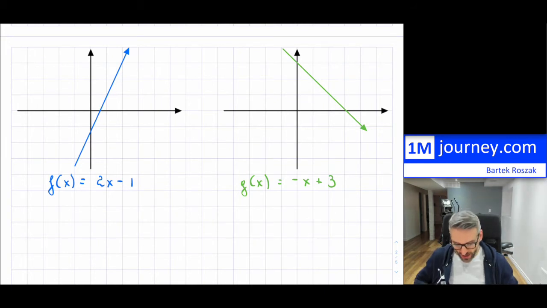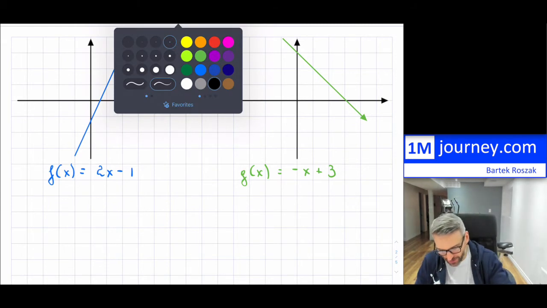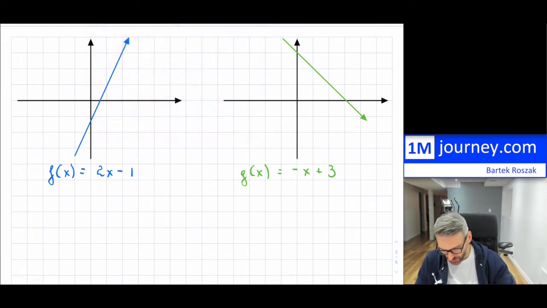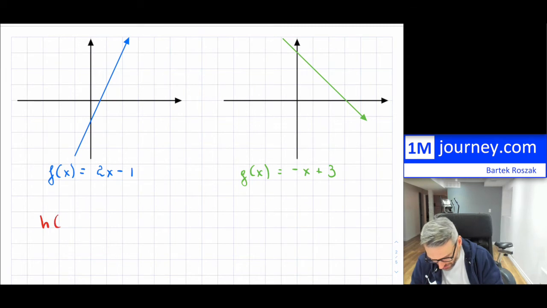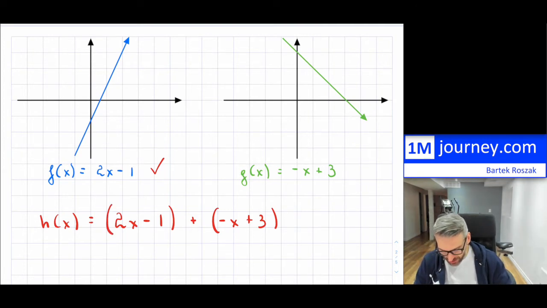So what if I now took these, and let's say I started to apply some kind of an operation on them. So for instance, I wanted to come up and say, okay, well, what if I take my two functions, so here's my f of x, and now I start adding it up. Now in this case, what I'll have, so this is -x plus 3, so these are my two functions, now added up together.